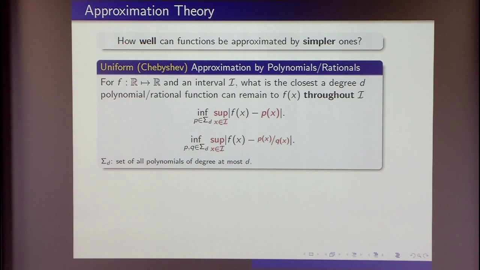Similarly, the quantity that we want to measure for a rational function is the larger of the degrees of p and q. So p and q are both polynomials, and the cost that we will associate to it is the larger of the degrees.